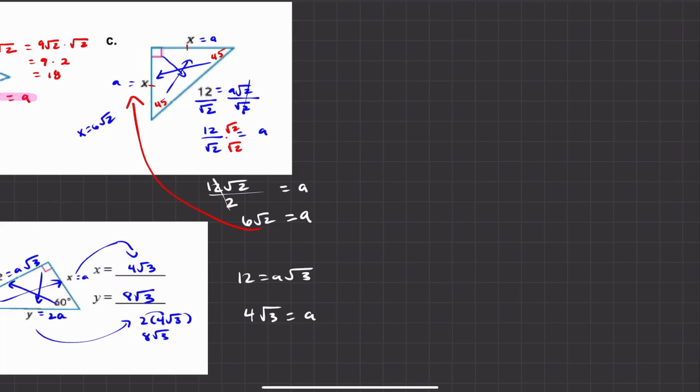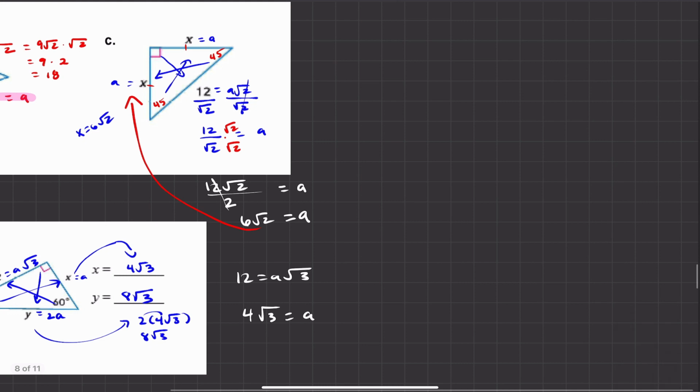Alright, I'm just going to throw this out here. I am going to edit this part in, and it has nothing to do with the examples we did here, but suppose that you have something like 6 root 2 divided by root 2. What do you do to simplify this?